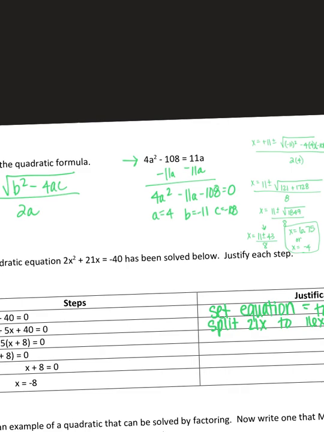Okay, so then it looks like when this was done, the first 2 terms were grouped and factored, and the second 2 terms were grouped and factored. So we're going to say group terms and factor.